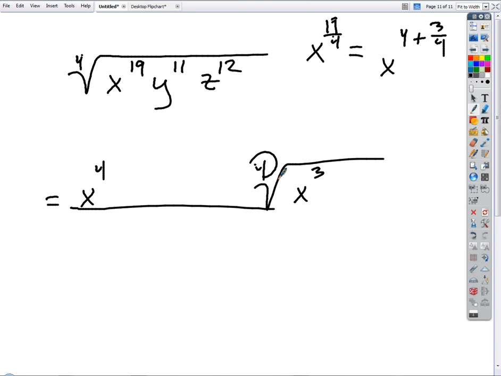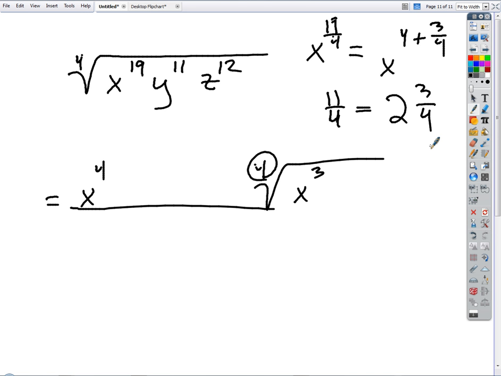What about the y's? What's that as a fraction? 11/4, which as a mixed number is 2 and 3/4, right? Everybody agree?